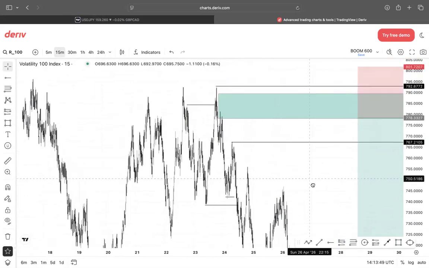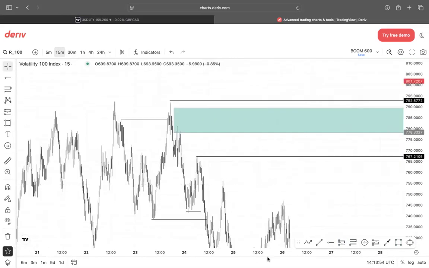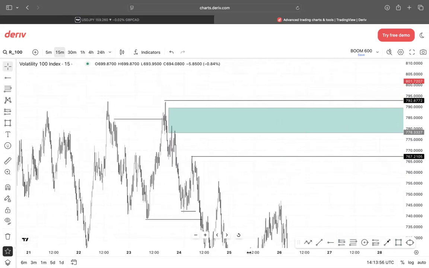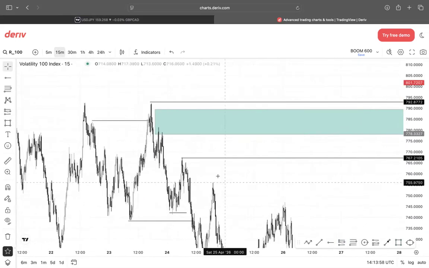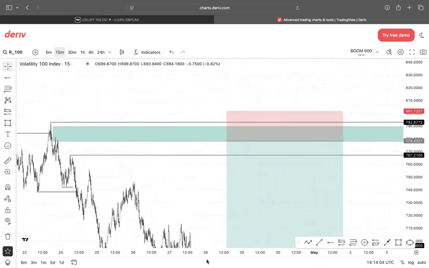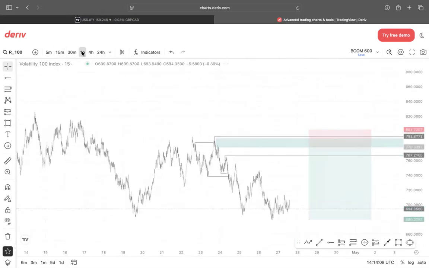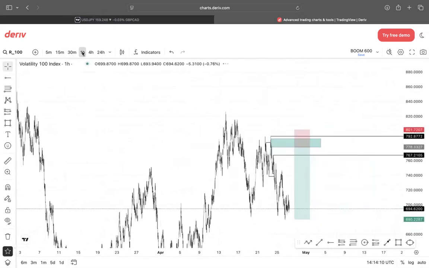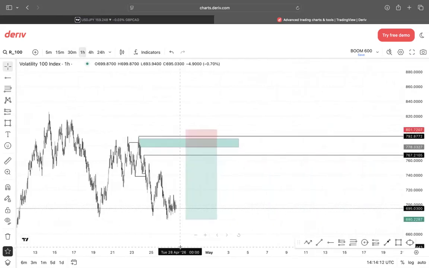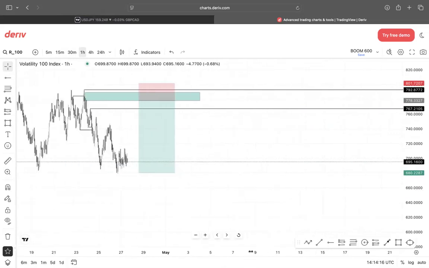You can see that the structure is very clear. Basically wait for price to come here, and then we are up. So V100, you guys should watch out for this.